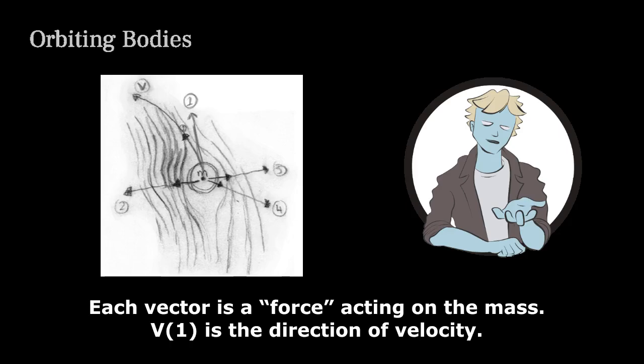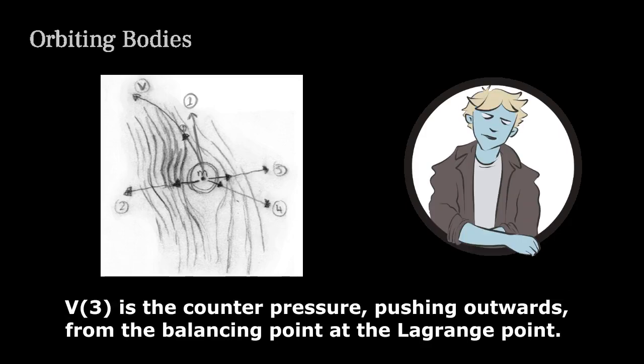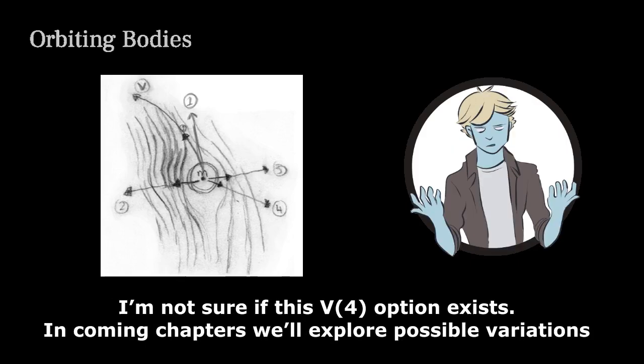Each vector is a force acting on the mass. V1 is the direction of velocity. V2 is the total pressure from outside the small mass, pushing the body towards the central mass, as we explored in the previous video. V3 is the counter pressure, pushing outwards from the balancing point at the Lagrange point. And V4 is the built-up gravitational pressure caused by the orbiting mass. I'm not sure if this V4 option exists.